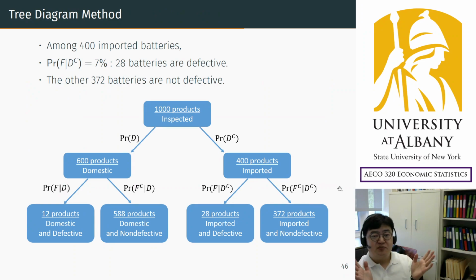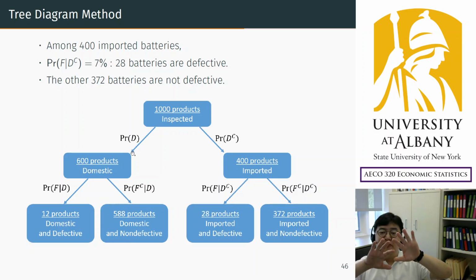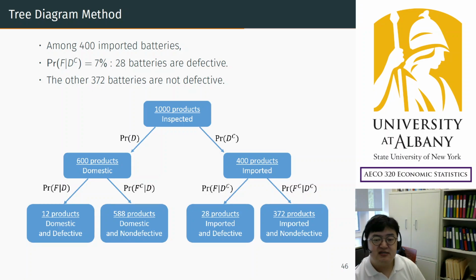What's important here is once you choose the number 1,000, you first apply the unconditional probability. So I first divide the whole batteries into domestic and imported. That is the first step, and then divide them into defective and non-defective. You cannot change the order, because the reason why I divide them into domestic and imported first is that it is given as an unconditional probability.